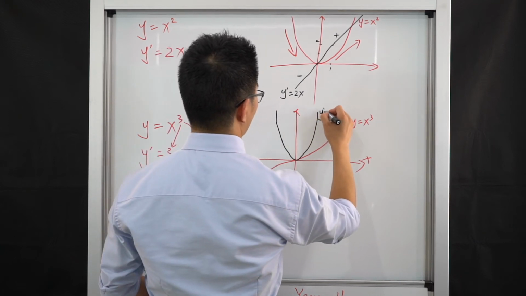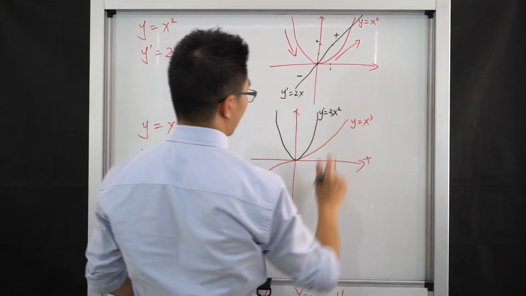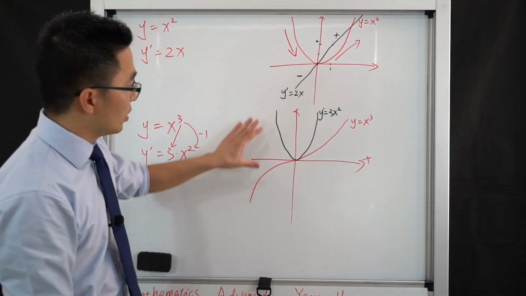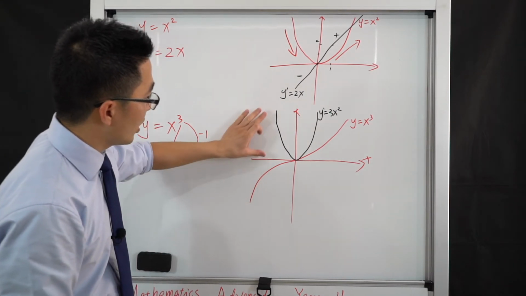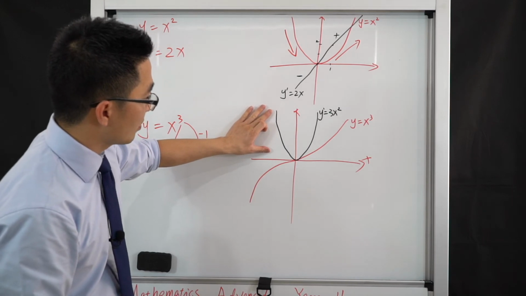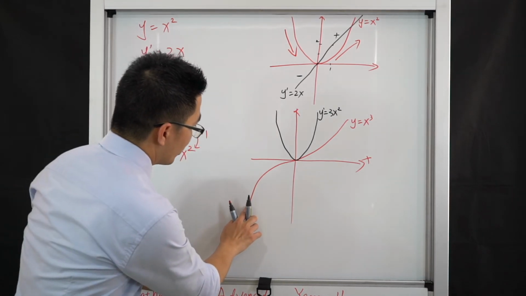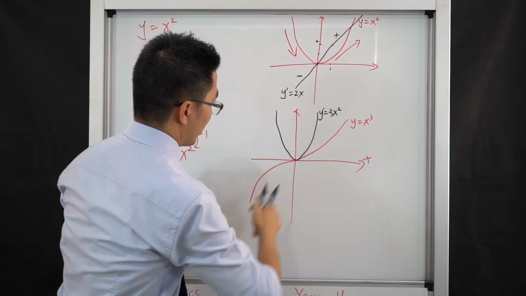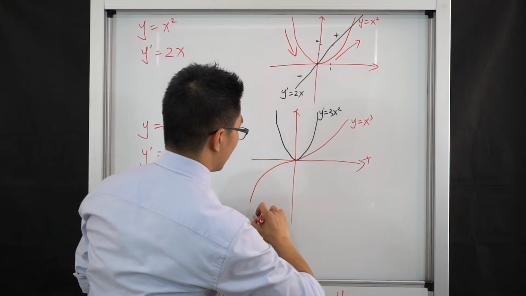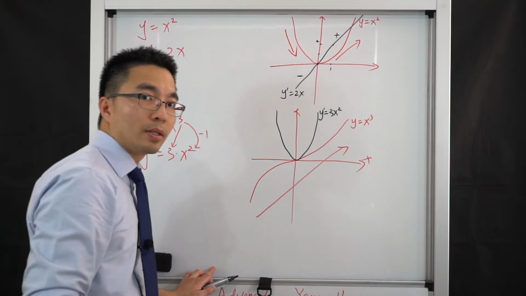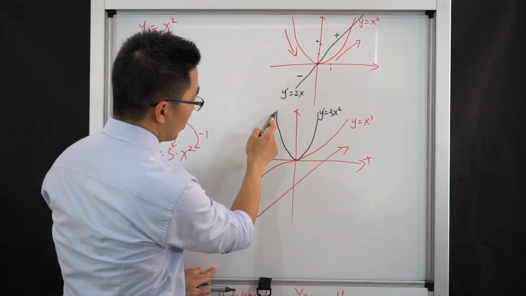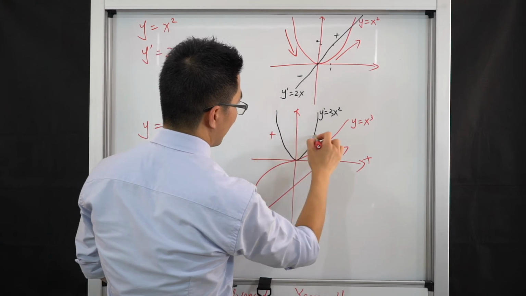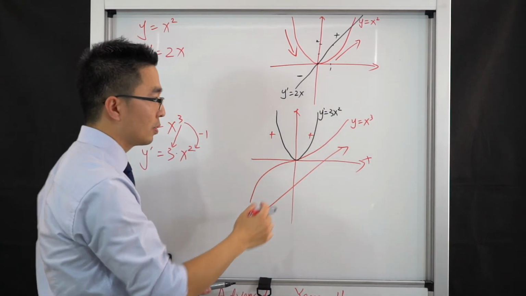So this one will be y dash equal to 3x squared. Okay? Let's try to find the relationship between the original function and its derivative function. The original function is an increasing function at all the values of x. It's all increasing. Right? For the y dash, it's all positive, all positive for all the values of x.